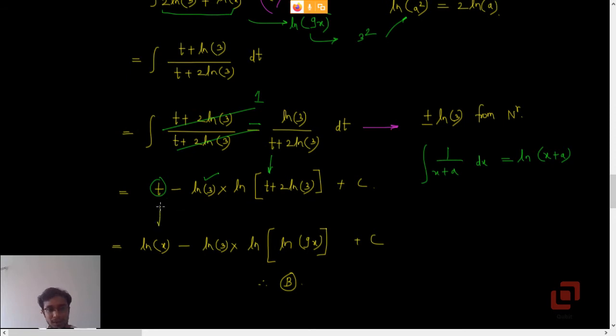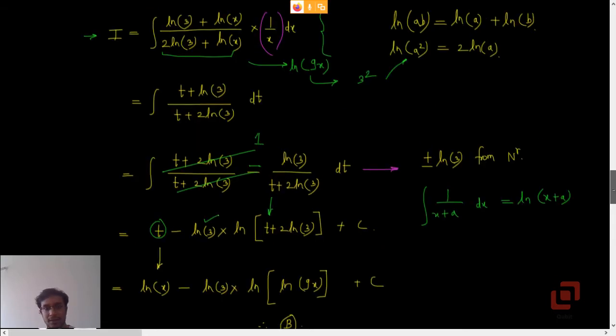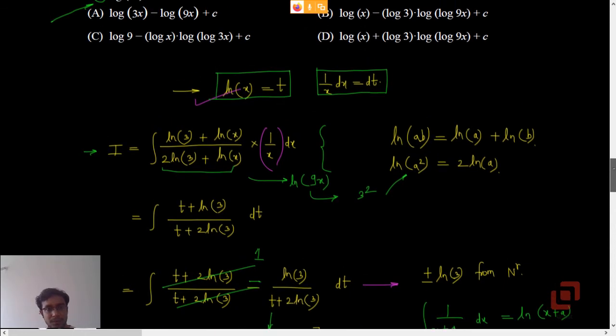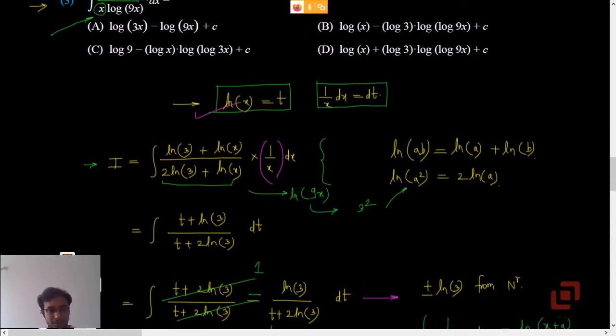So t will be log x minus log 3 as it is into log of, again t plus 2 log 3, t is log of x, and log of x plus 2 log of 3 is going to be log of 9x. Okay, this is what we did here in the very first step.